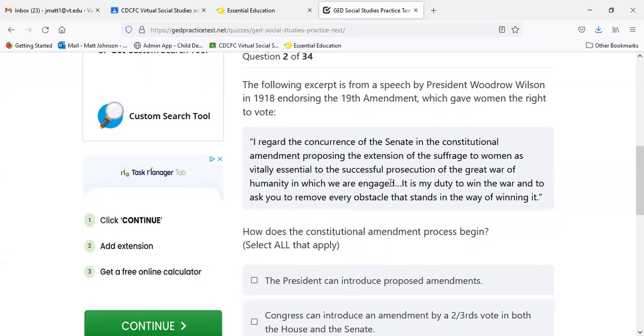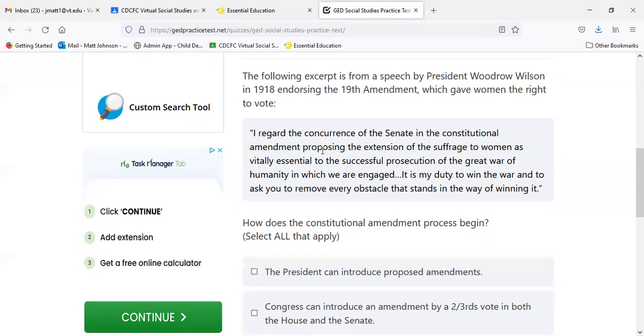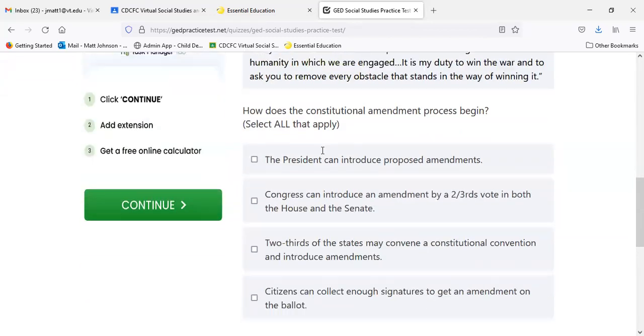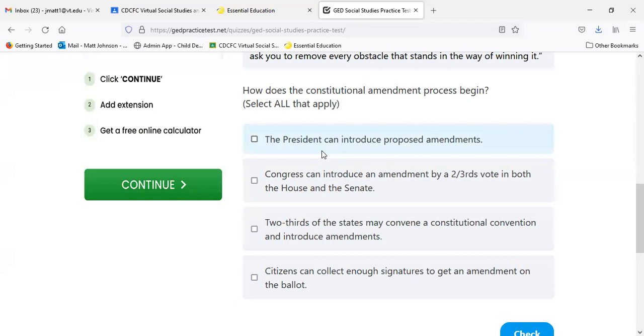So how does the constitutional amendment process begin? So Mariama, is it the president can introduce proposed amendments? Congress can introduce an amendment by a 2/3 vote in both the House and the Senate. 2/3 of the states may convene a constitutional convention and introduce amendments, or citizens can collect enough signatures to get an amendment on the ballot.